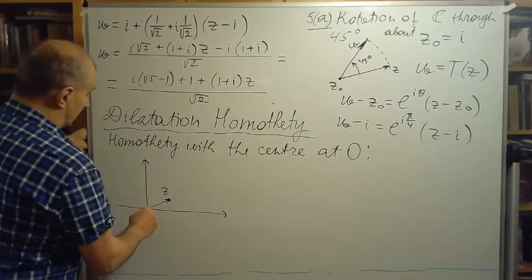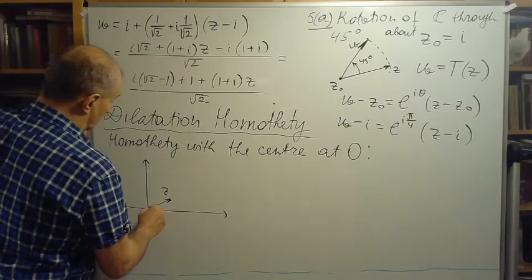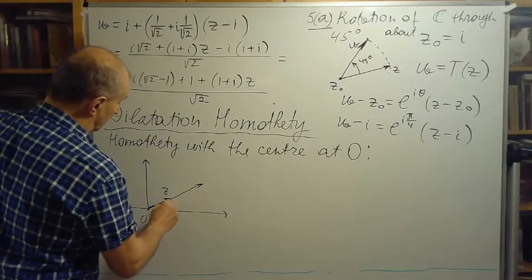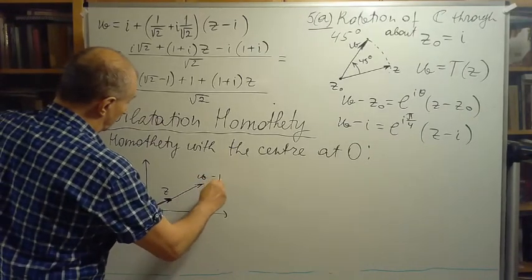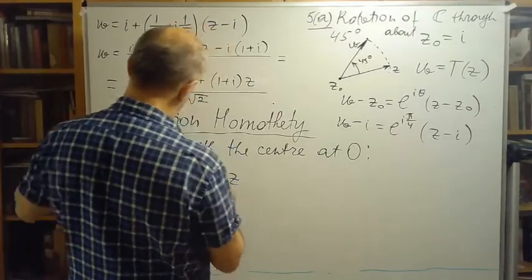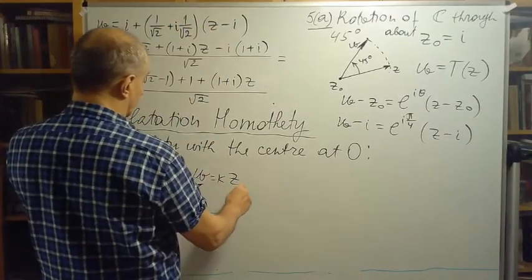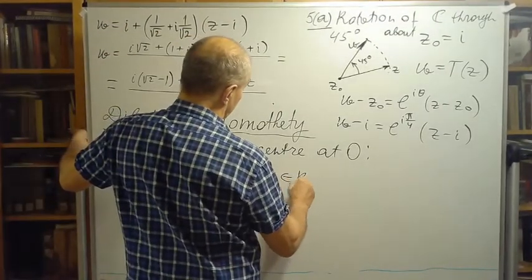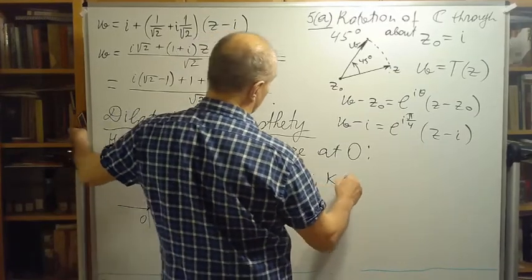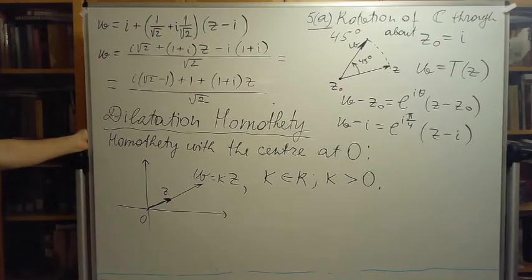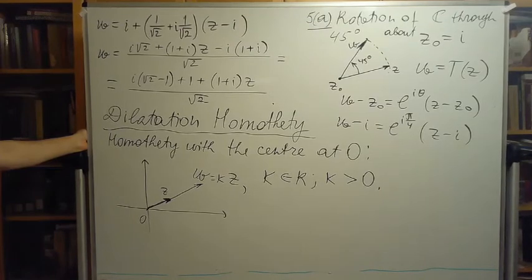For instance, if I multiply the number by some coefficient greater than 1, that will be your W equals K Z, where K is a real number and K is positive. That's a homotety, right?